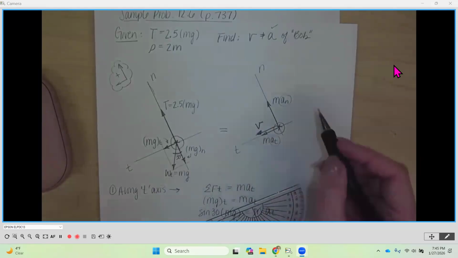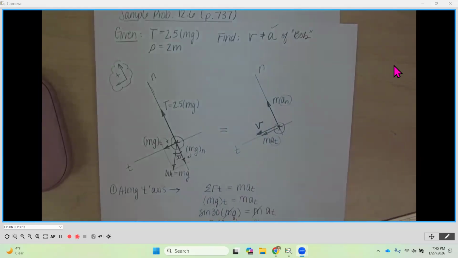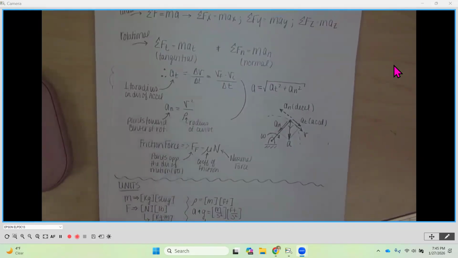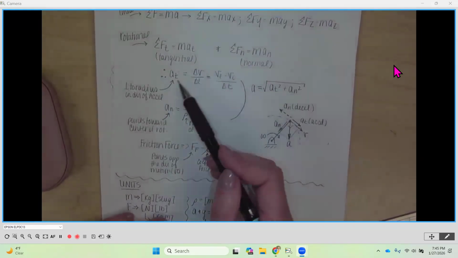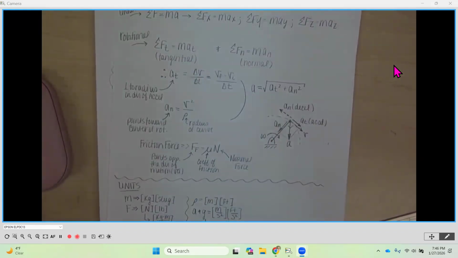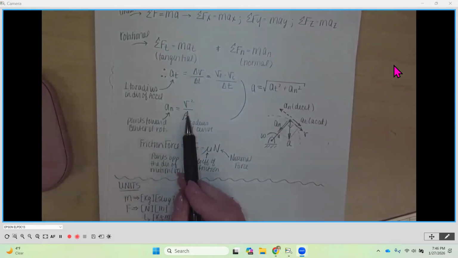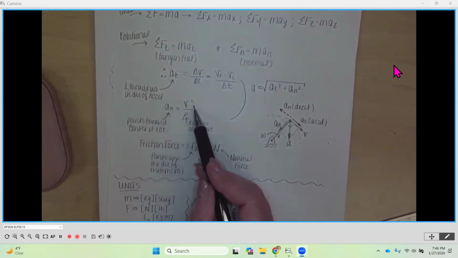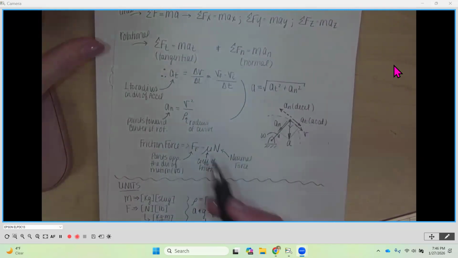Now, how are we going to calculate that velocity? I look back at my equation sheet, and I'm in this zone right here. See this one right here? The normal component of the acceleration is equal to the velocity squared divided by the radius, okay?